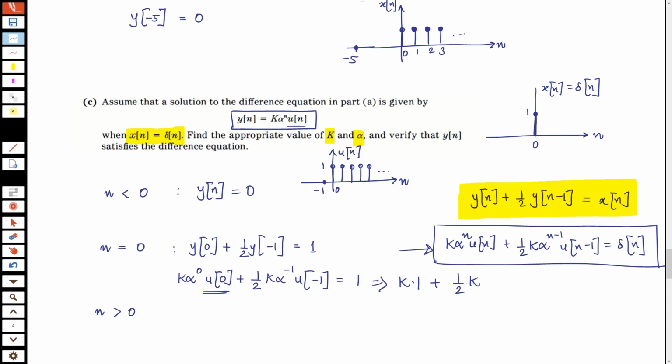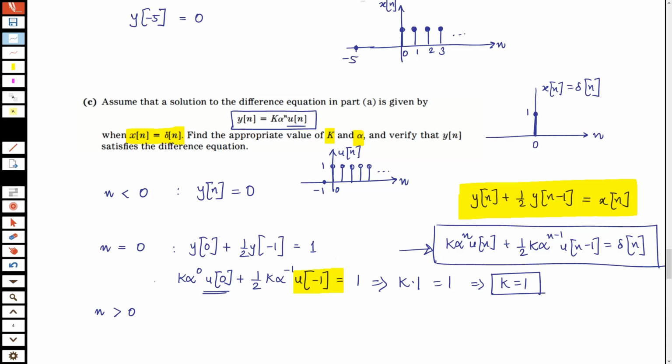U of minus 1 is 0, so this term has become 0. This is equal to 1, which tells us that k is equal to 1. Remember, u is the unit step function and delta is the unit impulse function. Right now we're talking in terms of the discrete domain.